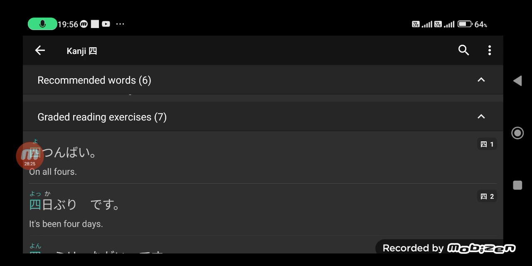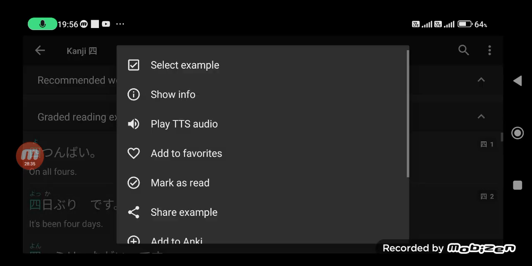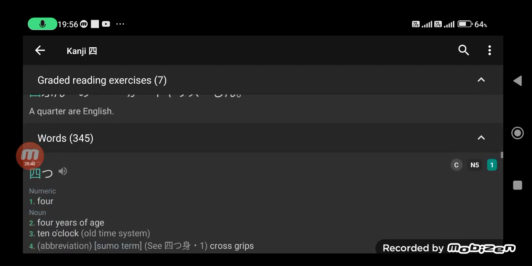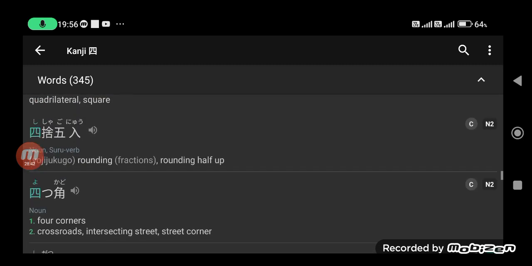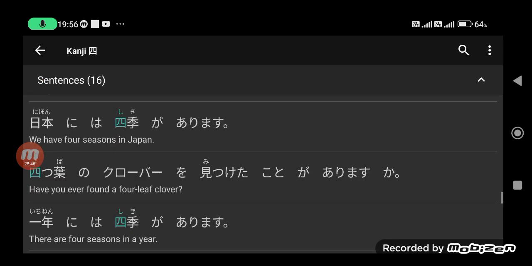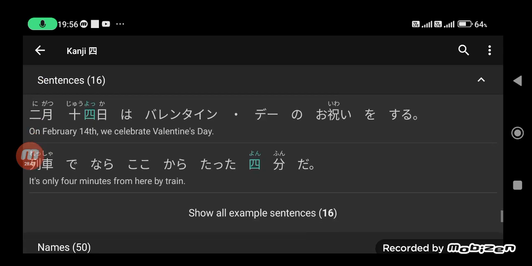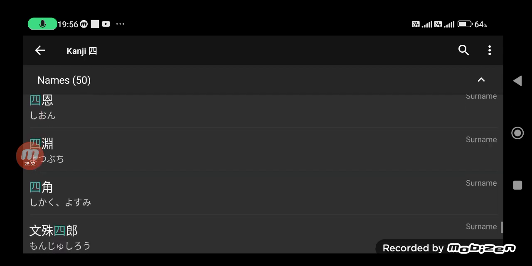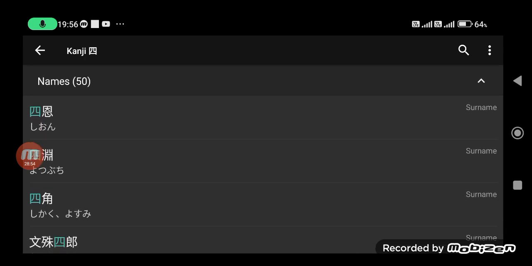In Japanese, when you say a certain phrase with buri, it means something like it's been a while. Yoka buri desu, or it's been four days. Yoka buri desu. In the interest of time, we will jump up to the name usage. Okay, because we need this name usage so that you'll be able to read Japanese names.